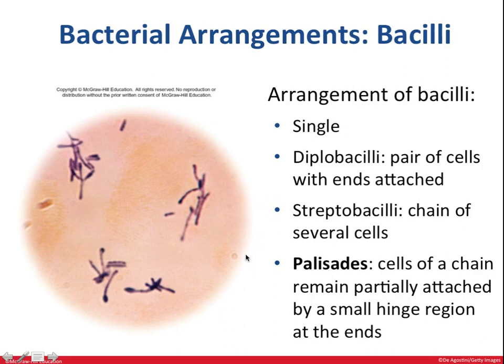If the cells link together to form a chain, we call this streptobacilli. Palisades are a series of chains touched by a small hinge region at the end.